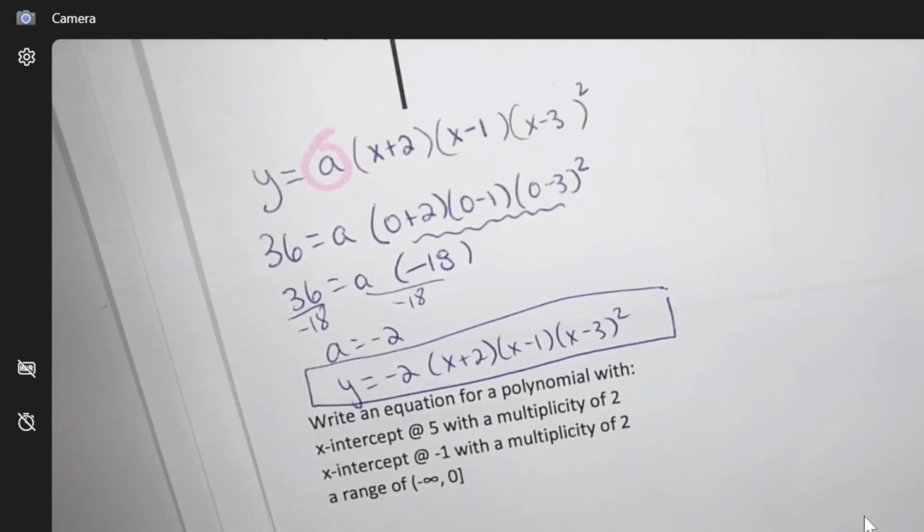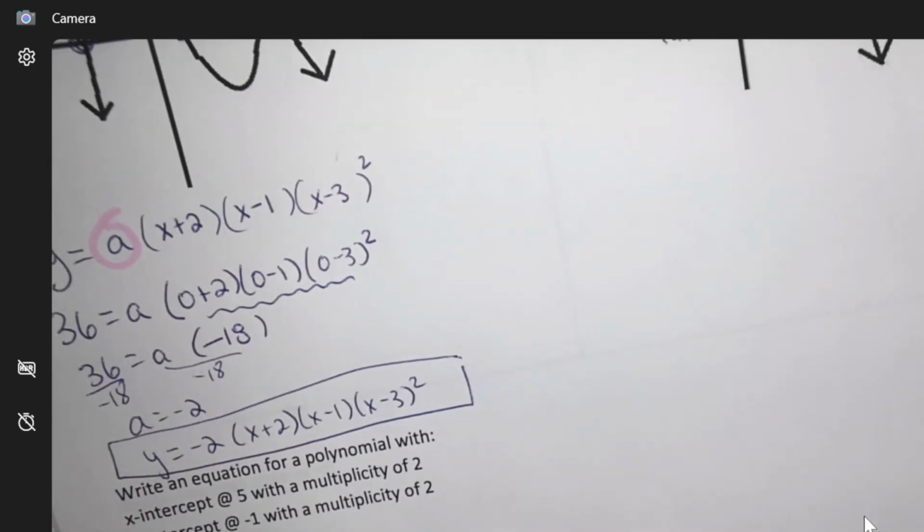So now I just rewrite my equation with the actual a in there. All right, let's try one more like that.